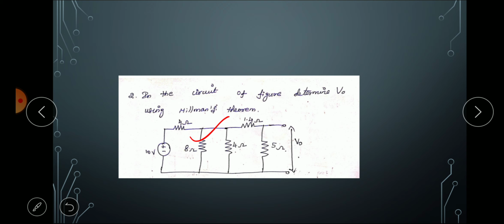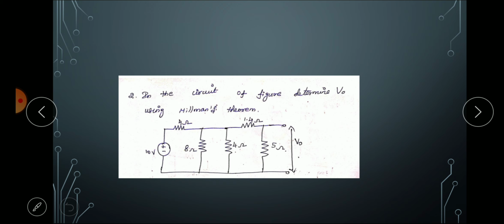The second problem. In the circuit of the figure, determine V0 using Millman's theorem. In the given circuit, the parallel branches with 8 ohm and 4 ohm resistance can be assumed to have a zero value voltage source.